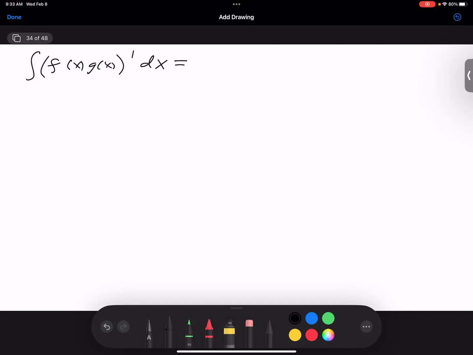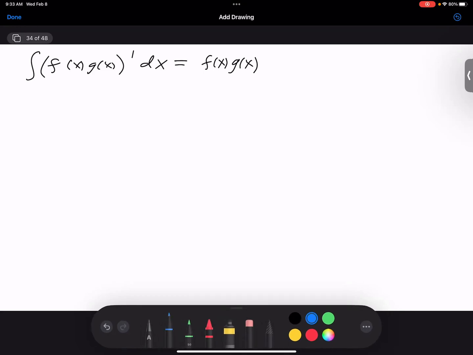F of x, g of x, right? No, it could also be the plus c, but that's fine. So this would just be f of x, g of x, right? We know how to integrate that. I'm asking you, what function has derivative f of x, g of x prime? F of x, g of x. Its derivative is the derivative of f of x, g of x.